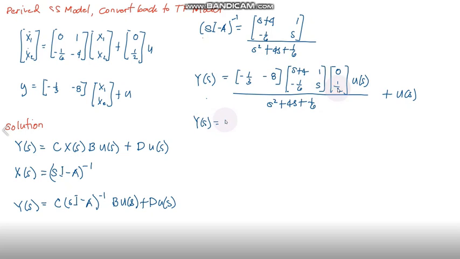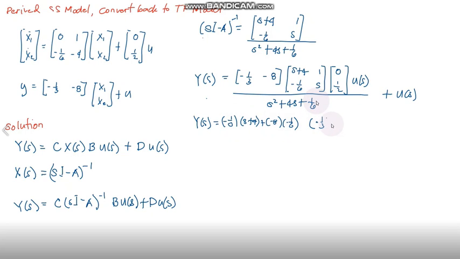Same thing that we're going to do: simplify this term by combining, or doing the operations with the matrices. So we multiply negative 1/3 times s plus 4, plus negative 8 times negative 1 over 6. So that's the first element of the matrix.